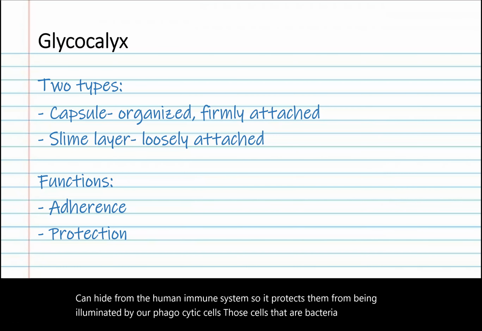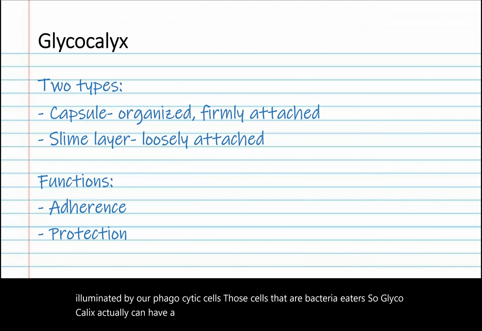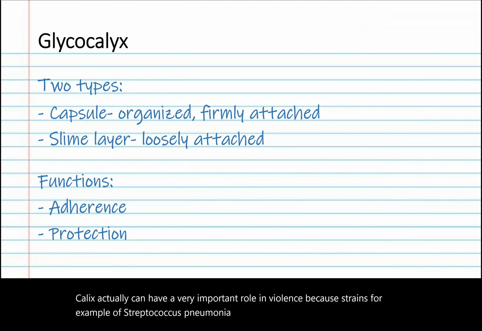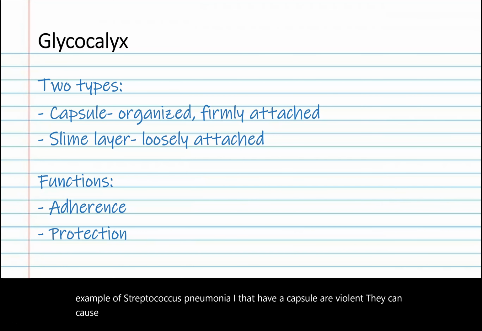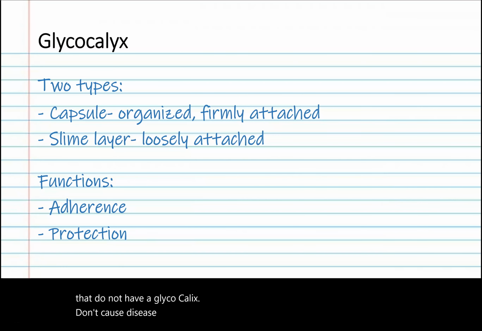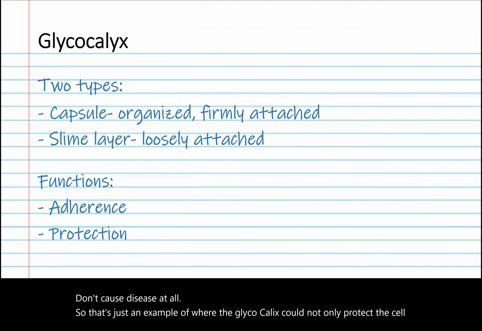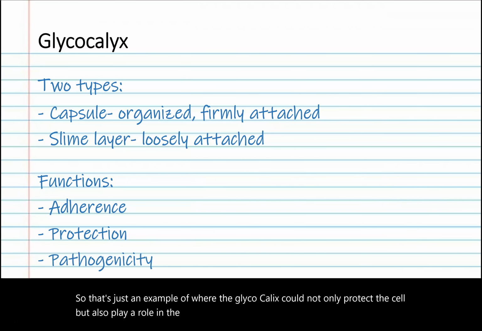So glycocalyx actually can have a very important role in virulence, because strains, for example, of Streptococcus pneumoniae that have a capsule are virulent. They can cause disease, but strains of that same organism that do not have a capsule, that do not have a glycocalyx, don't cause disease at all. So that's just an example of where the glycocalyx can not only protect the cell, but also play a role in the disease that an organism might cause. So we call that pathogenicity.